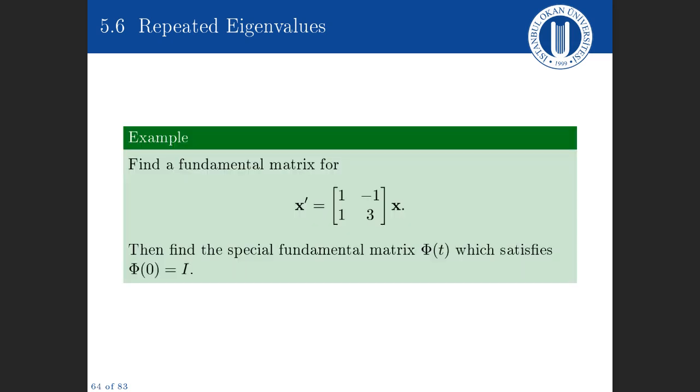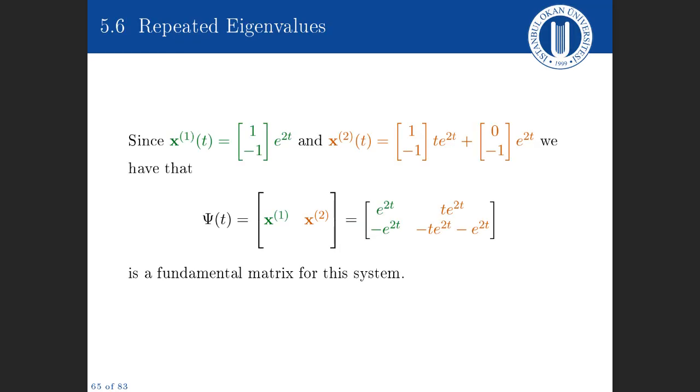First, find a fundamental matrix for x prime is equal to (1 -1; 1 3) x. Then, in part 2 of the question, find a special fundamental matrix, capital phi, which satisfies phi at 0 is equal to I. Well, we know our two solutions. We know our fundamental set of solutions.